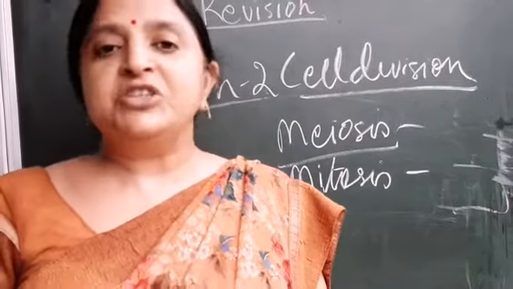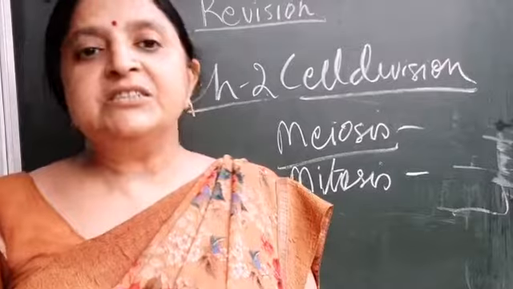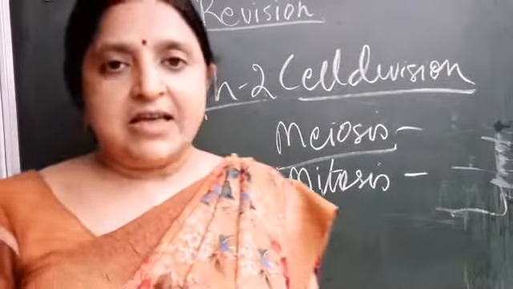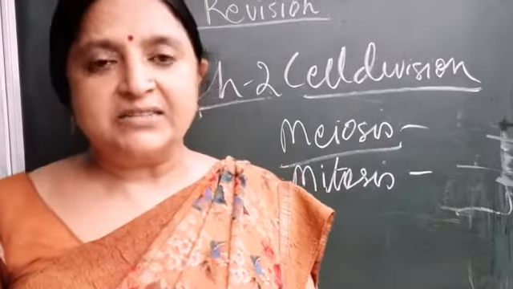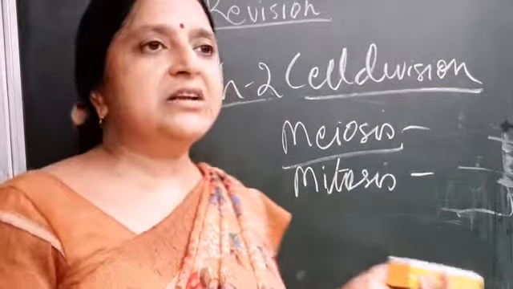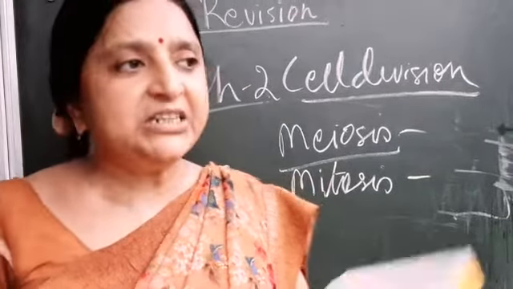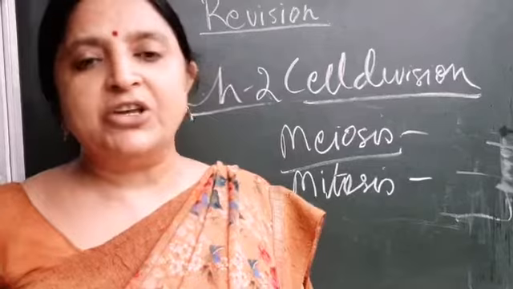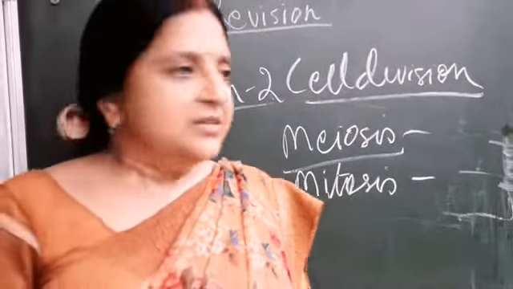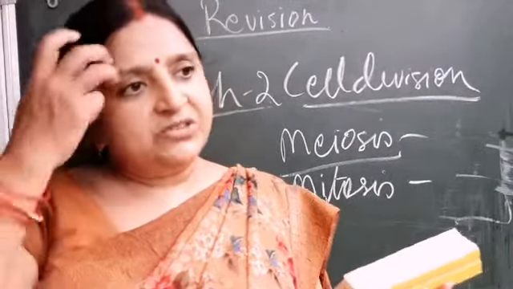After the formation of the zygote, continuous mitosis cell division starts, and these are the body cells. Due to mitosis, a complete human body, or any body, plant body or animal body, is formed. This is mitosis and meiosis cell division.